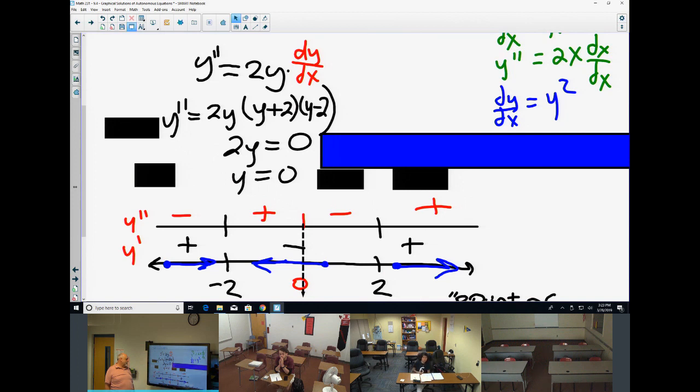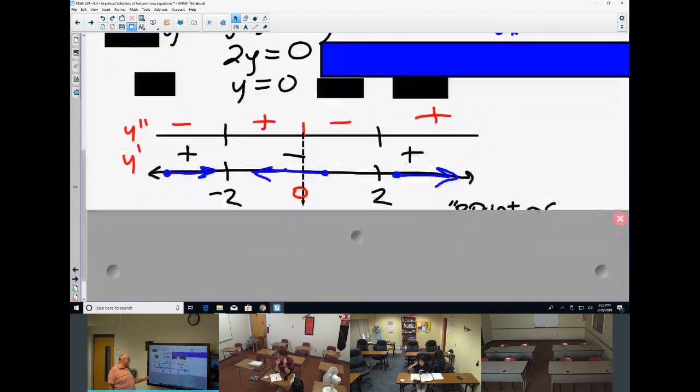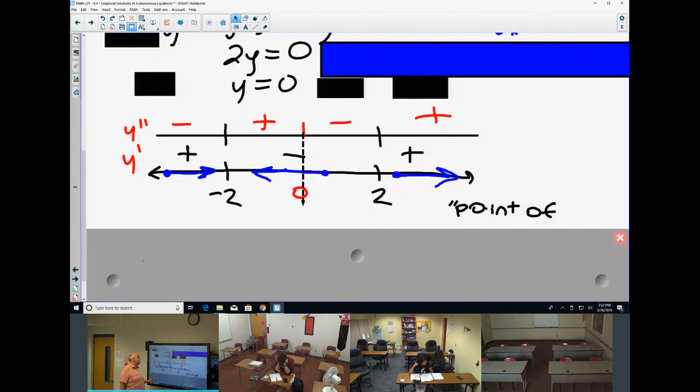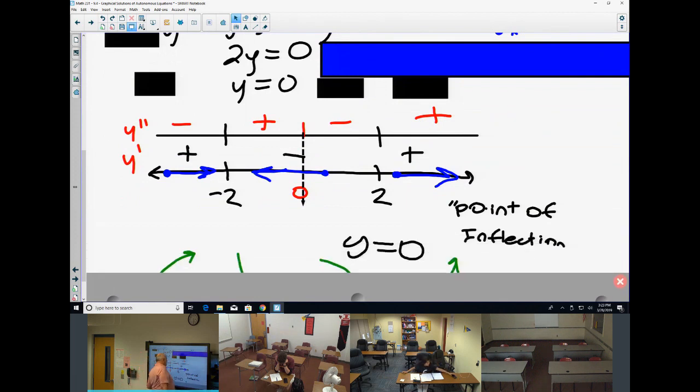All right, so any questions on that one? Okay, now I want to focus on the graph, what the graph is going to look like at each part.